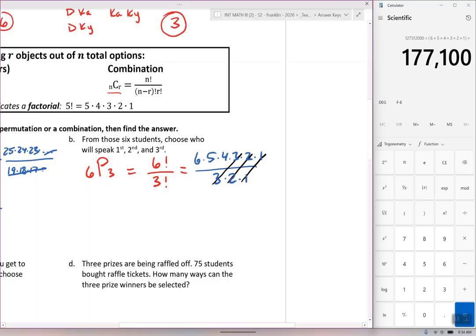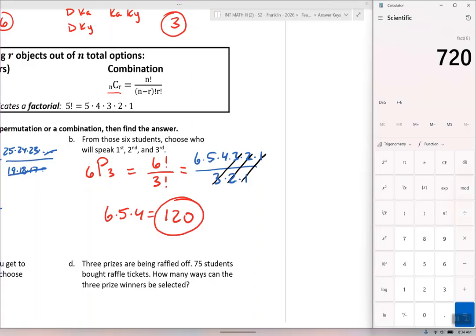What we're left with is 6 times 5 times 4, which is 120. So from those 6 students, there's 120 ways to choose who speaks first, second, and third. And if I use the calculator just to show this, I could do 6 factorial divided by 3 factorial, and I get 120.